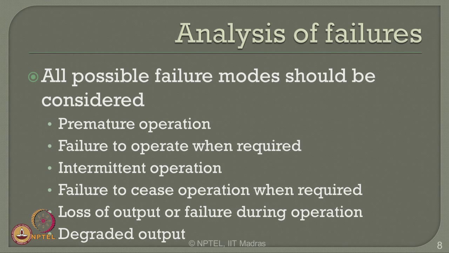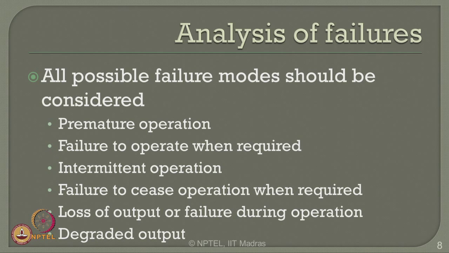Loss of output or failure during operation may involve sensors and alarms. An alarm should work when there is a demand. So, there can be loss of output or failure of an alarm during operation, or it works but not satisfactorily, which we call degraded output.